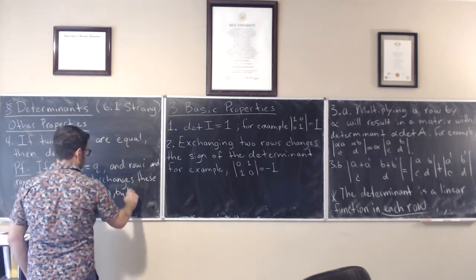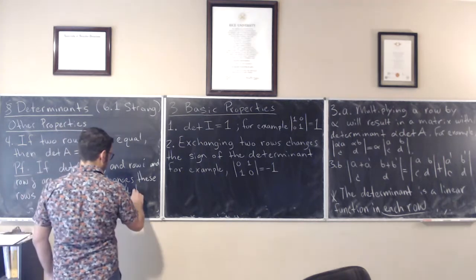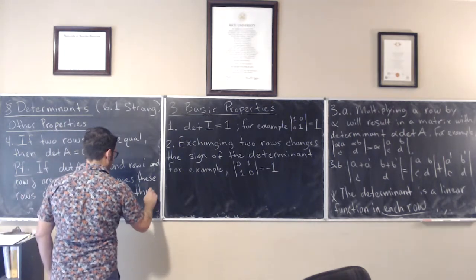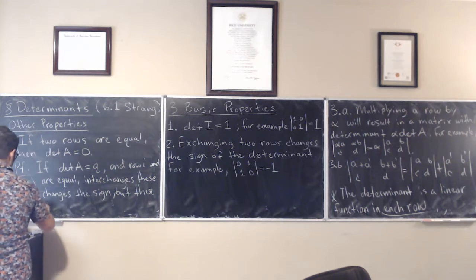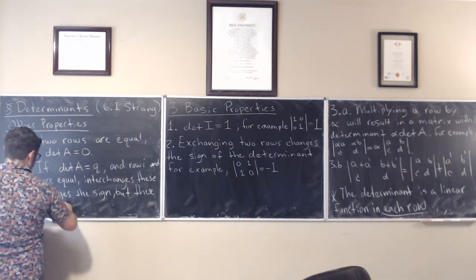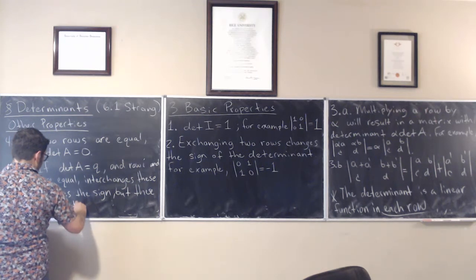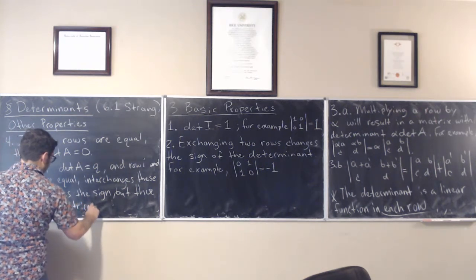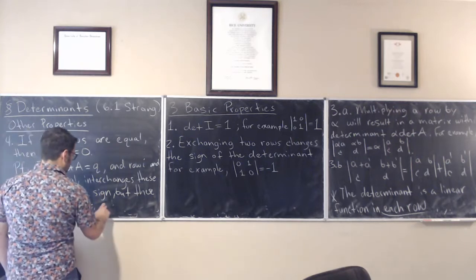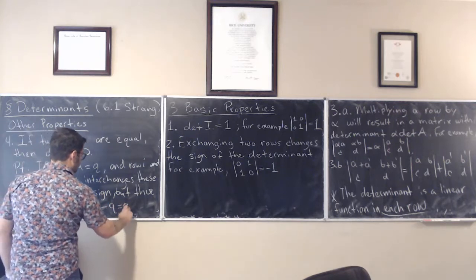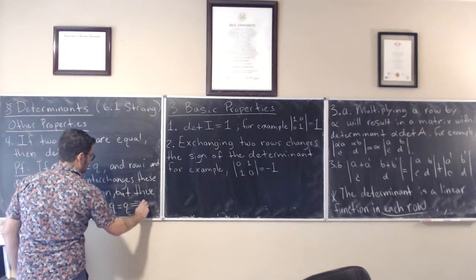But they are the same matrices. These are the same matrices. So what that says is that negative Q is equal to Q, which means that Q is 0.